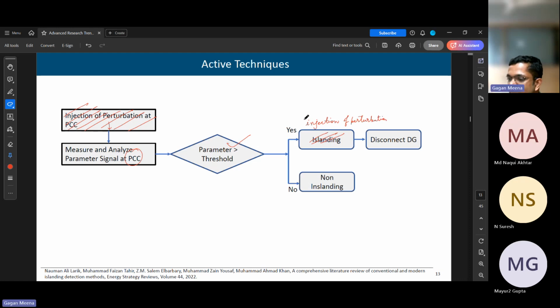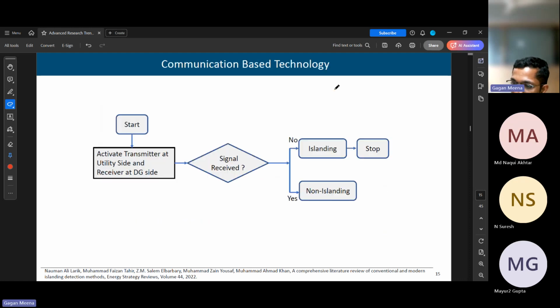Then it will check again, and if it persists for a duration, it will detect it as islanding. Then communication-based technology: there is a transmitter at the utility side and a receiver at the DG side. If the signal is received, there is no islanding. If it is not received, then there is islanding.